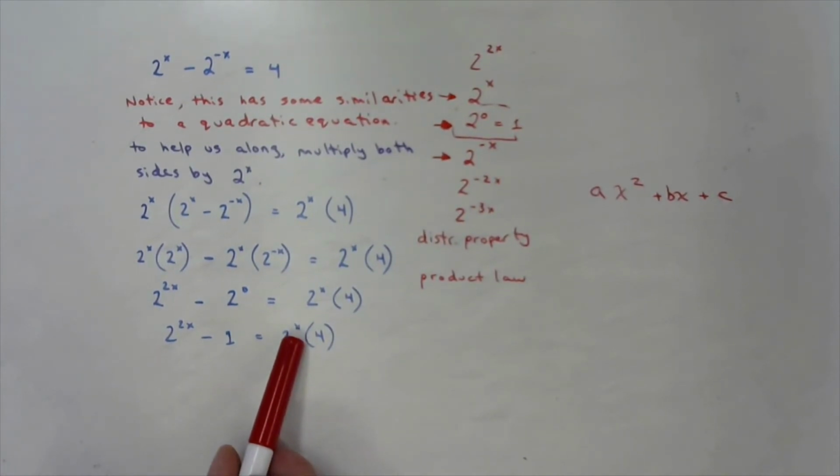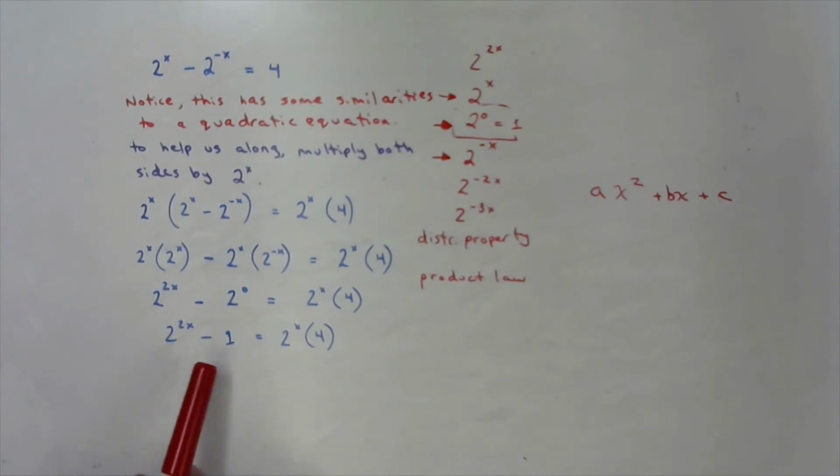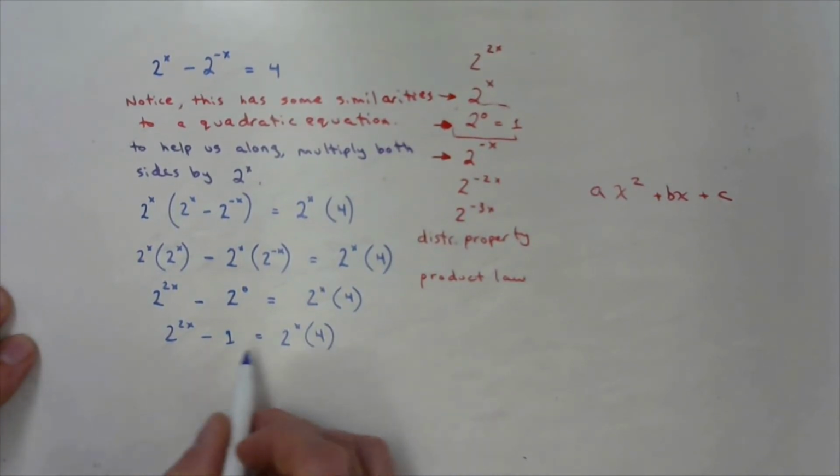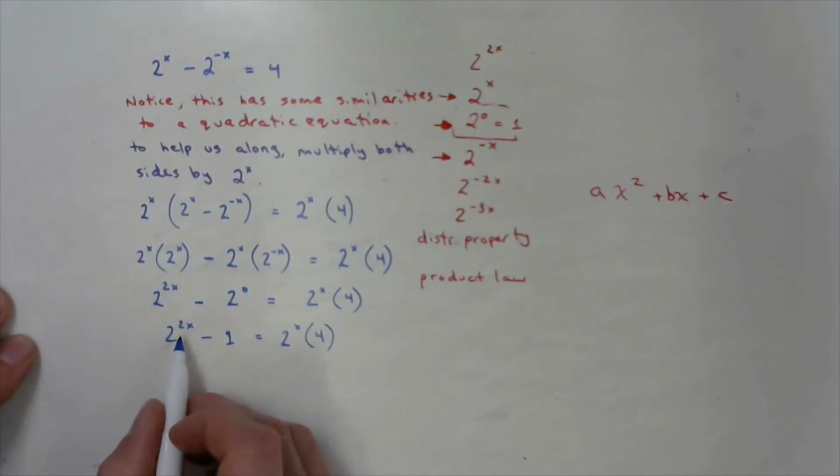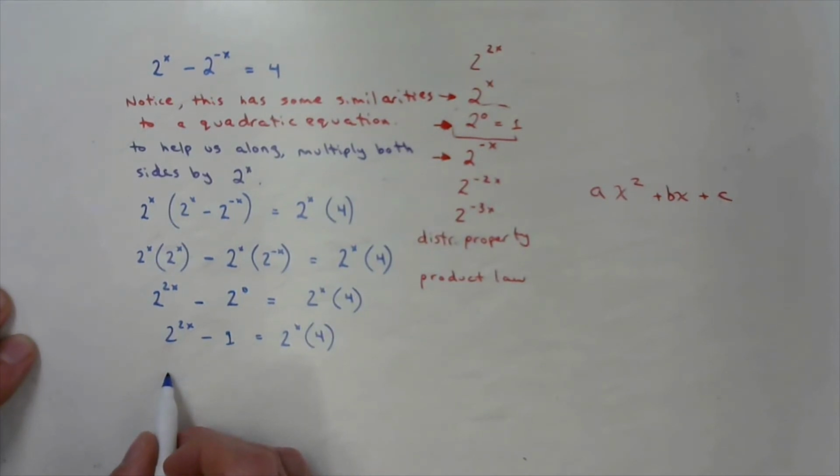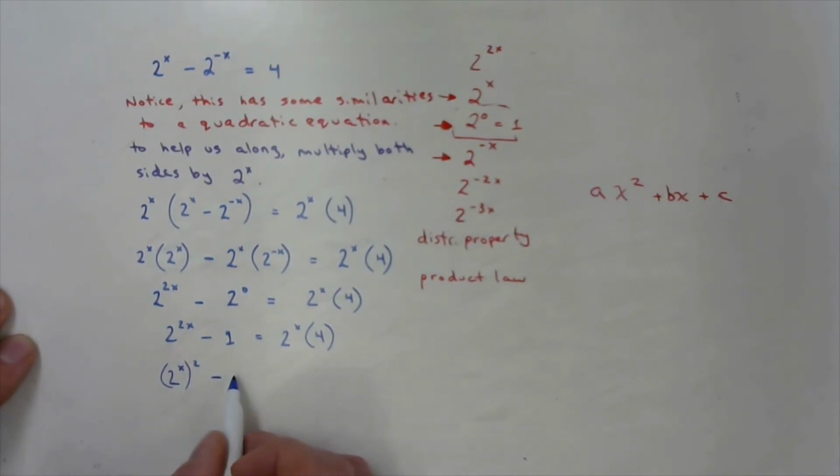If we wanted to see this more clearly, we could still apply the power law again to this situation, and I can rearrange this as well. But basically, if we applied the power law again, you would see that you have 2 to the power of x, squared, minus 1 equals 2 to the power of x times 4.